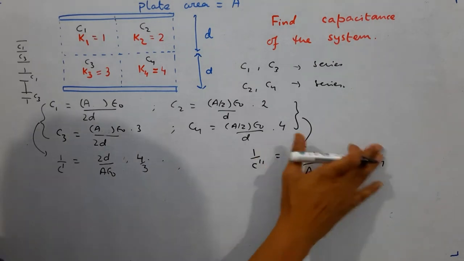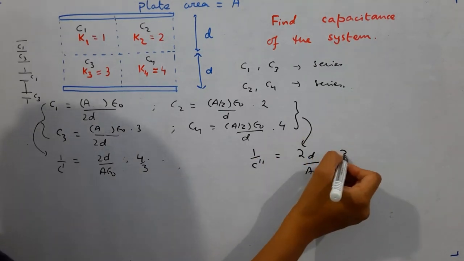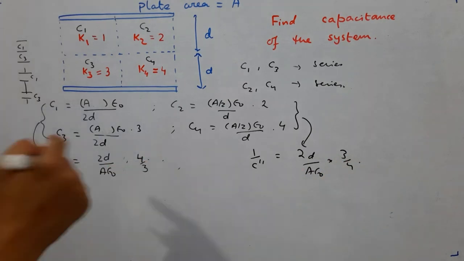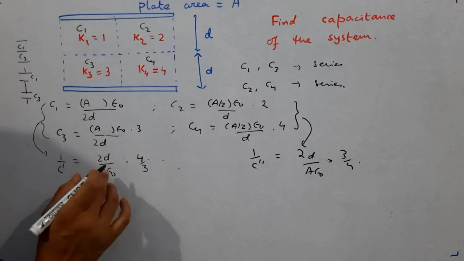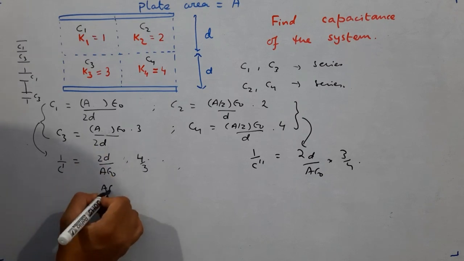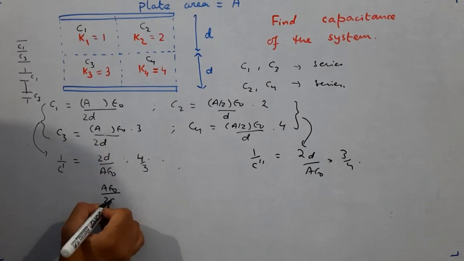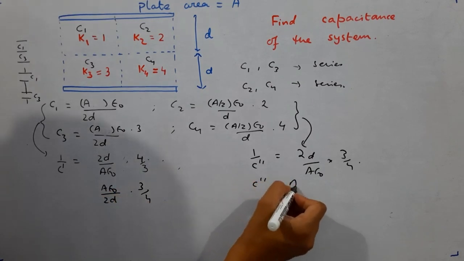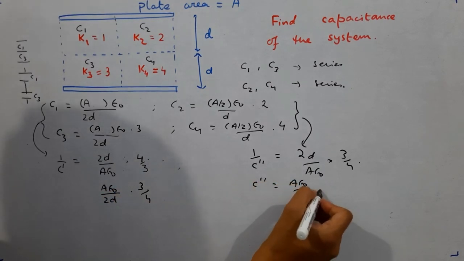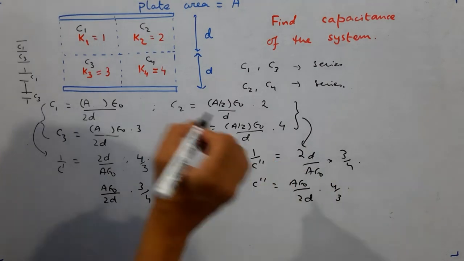This becomes 3 by 4. Now these two, C dash and C double dash. So C dash will become how much? Reciprocal of this. That is A epsilon naught upon 2d times 3 by 4. And C double dash will become A epsilon naught upon 2d times 4 upon 3.